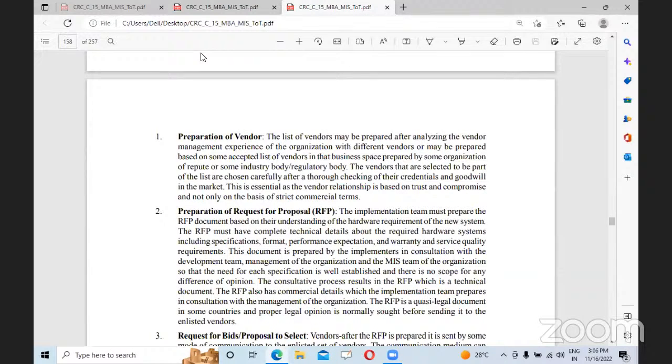The vendors are selected to be part of the list carefully, after thorough checking of their credentials and goodwill in the market. Any person must maintain goodwill in the market. It is very important to sustain in a competitive business environment. This is essential as the vendor relationship is based on trust and compromise, and not only on strict commercial aims.